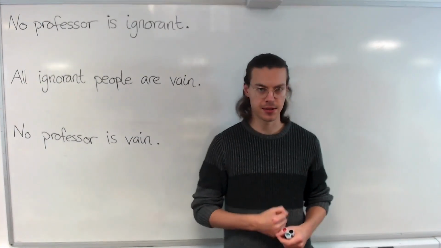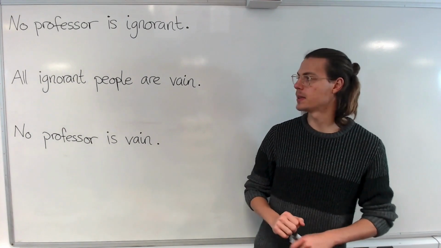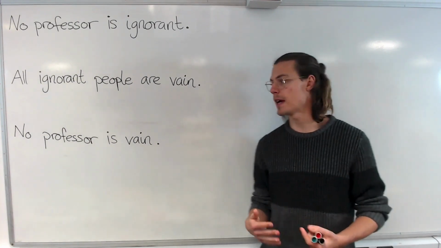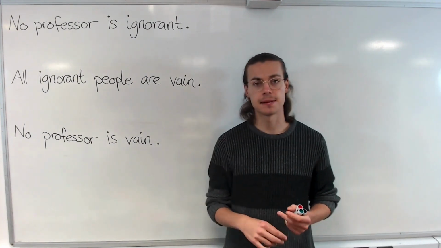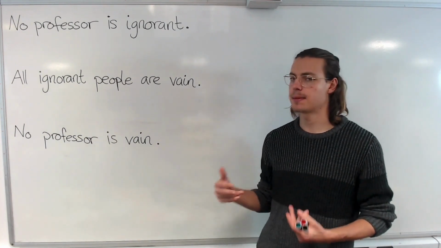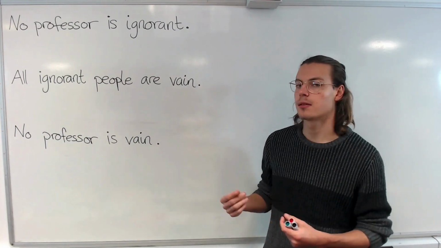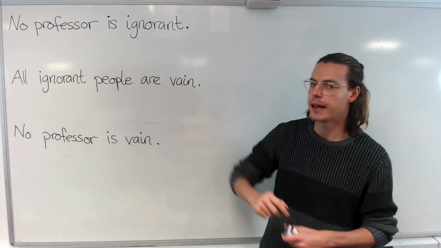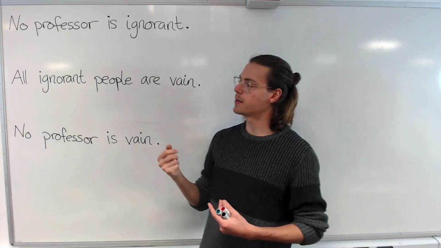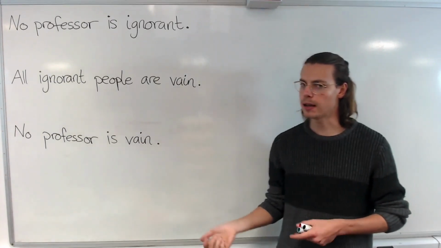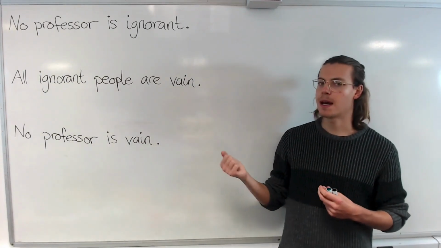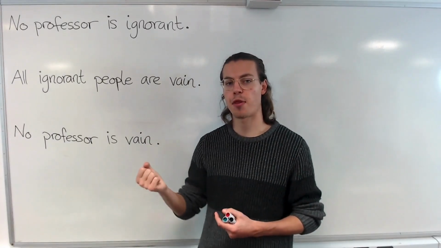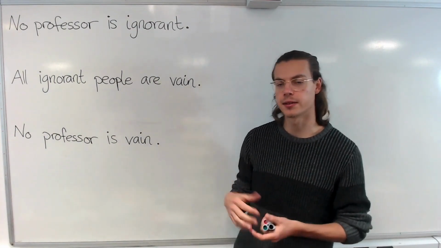Consider these 3 statements. No professor is ignorant, all ignorant people are vain, and no professor is vain. Let's express these statements in predicate logic. First up, no professor is ignorant. In other words, for any person X, if X is a professor, then X is not ignorant.